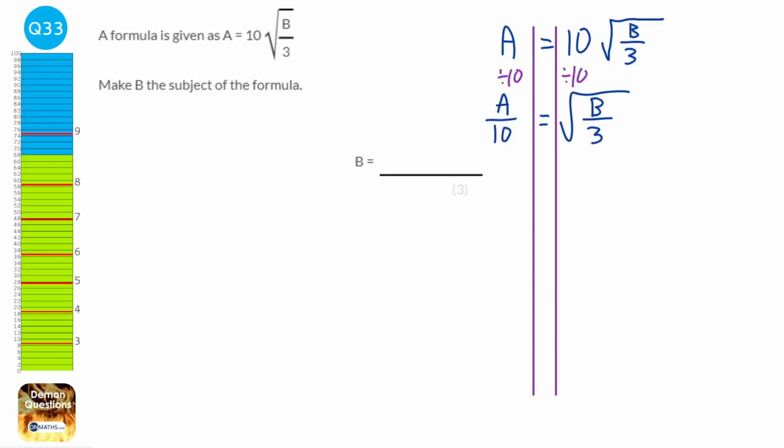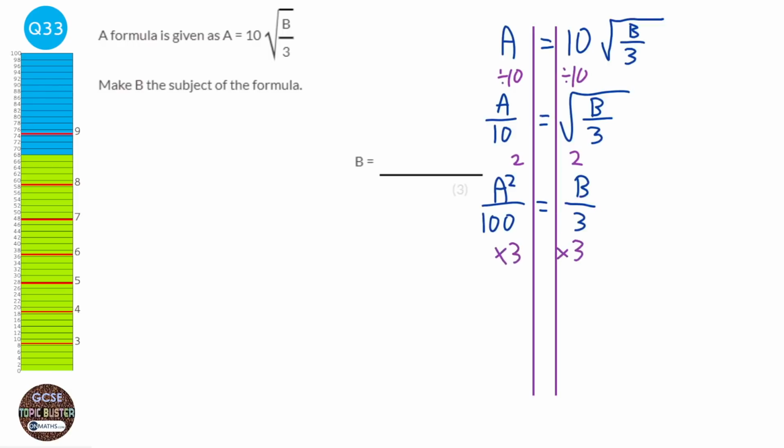Now we need to get rid of that square root. So what I'm going to do now is square both sides. Now to square a fraction, we square the top of the fraction and we square the bottom of the fraction. 10 squared is 100. And that will equal b over 3. And we want to get rid of this next, so we want to times both sides by 3.